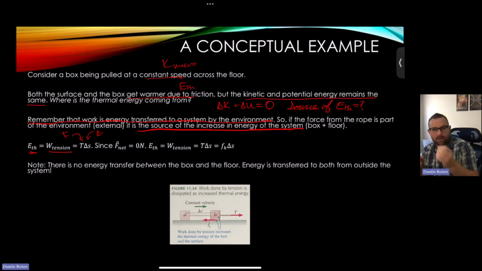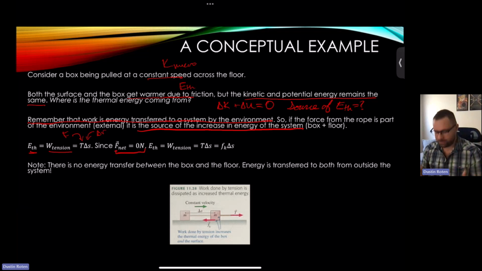Okay, so it turns out what's going on is the thermal energy in the system as it's getting warmer. We're not getting that from the kinetic energy or the potential energy inside the system. It's actually coming straight from that outside pull, the box being pulled. That tension from the rope is where that thermal energy is coming from.